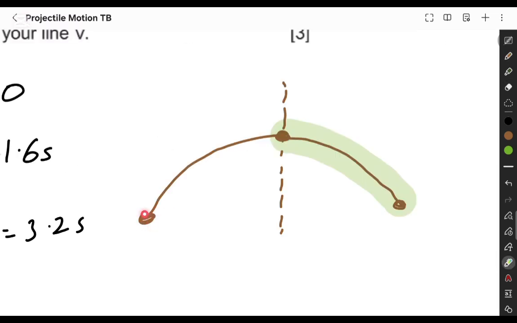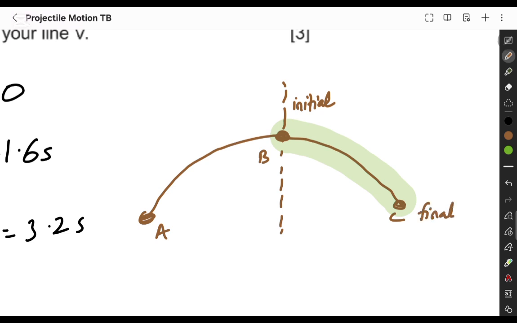So we know that the ball is going to be launched, it's going to reach max height, and then it's going to fall down. So it's going to be A, let's call this B, let's call this C. I want to focus on the part B and C, that specific part of the projectile motion. Let's say this is our initial and this is our final.